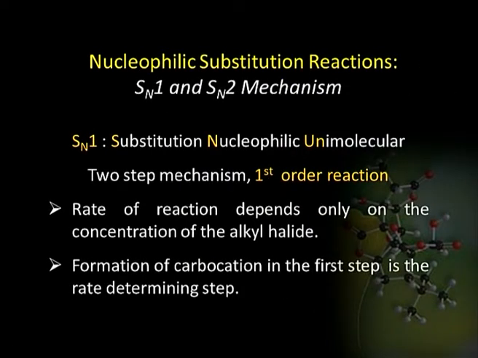Similarly, SN1 mechanism is substitution nucleophilic unimolecular. It is a two-step mechanism which shows first order kinetics. The rate of reaction depends only on the concentration of the alkyl halide, and formation of carbocation in the first step is the rate determining step.